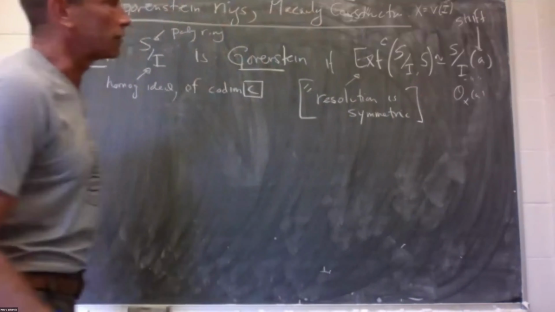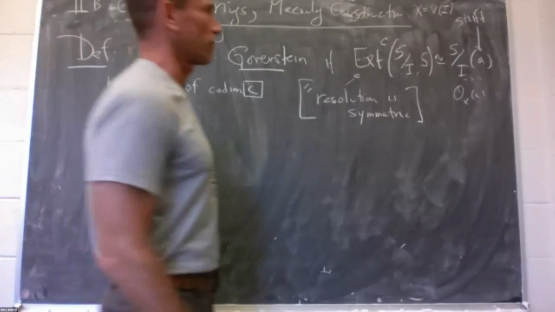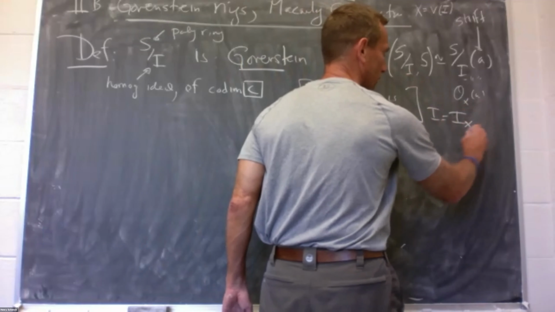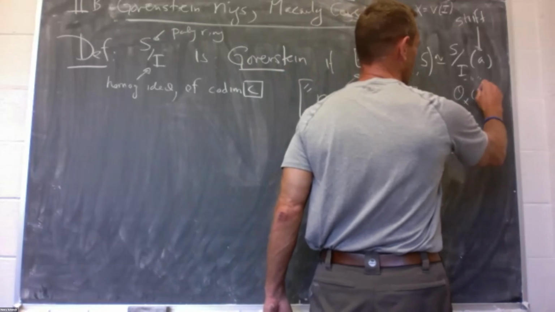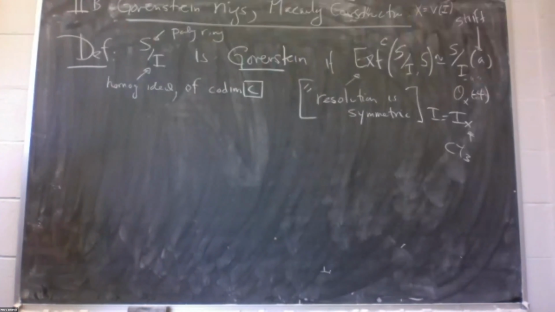It turns out that if we want I to define a Calabi-Yau threefold, so I is equal to I_X for X a CY3, then the shift there has to be a -4.